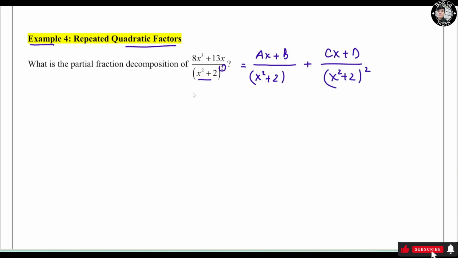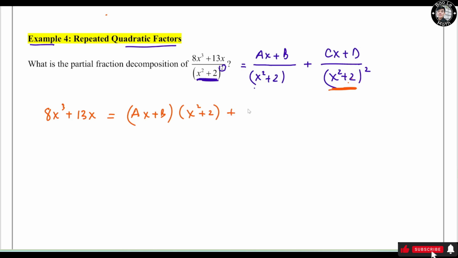Now the LCD is this one, right? So for the first one right here, we miss s squared plus 2. So 8s cubed plus 13s equals (as plus b) times (s squared plus 2). Now the second one right here, we don't miss anything, this is actually the LCD.